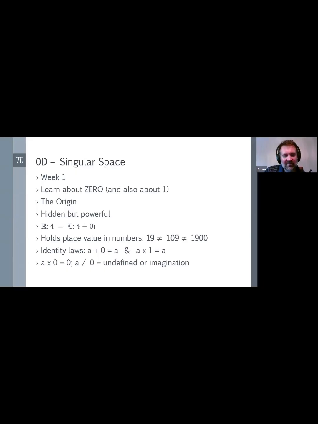So 0 is very powerful and very useful in math. Also exponents, if you have something to the 0 power, it will always equal 1. So these are examples of using 0, and you'll go through that and understand the number 0.